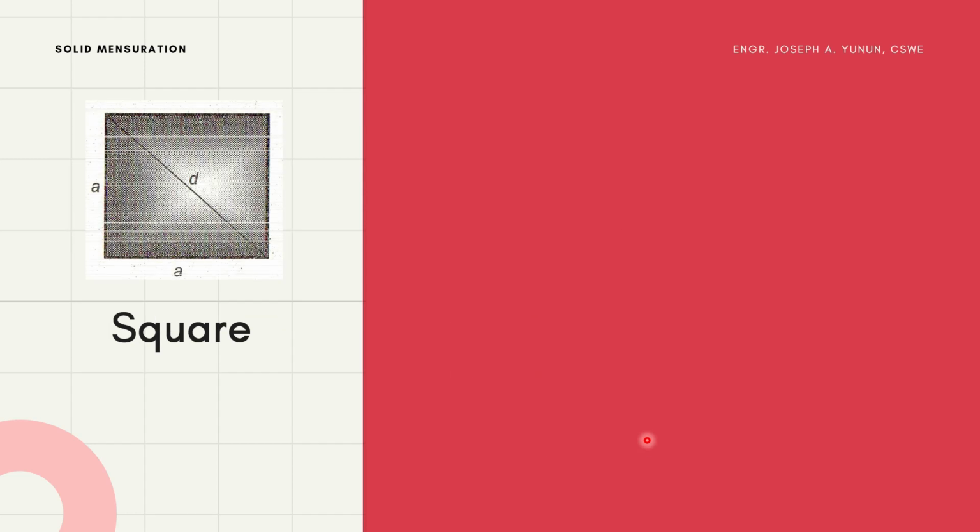Now for the square, all sides are equal, so definitely the diagonals are equal. This is side A, all of its sides are A in value, and all of their angles are 90 degrees. If you get this triangle, since this is a right triangle, the angle here is 45 degrees, and similarly for this one.